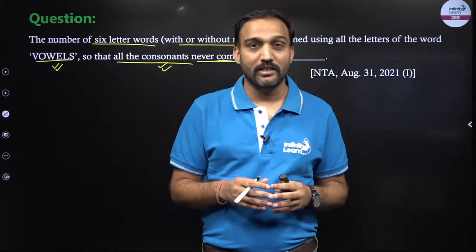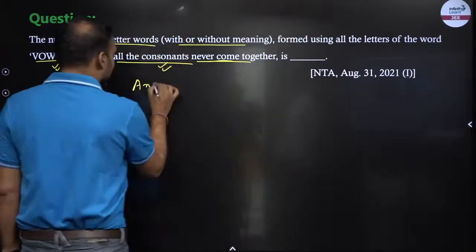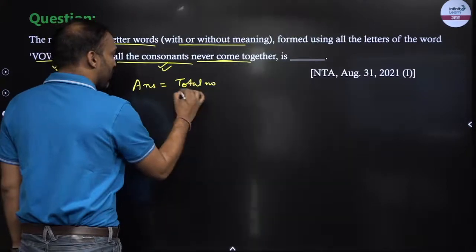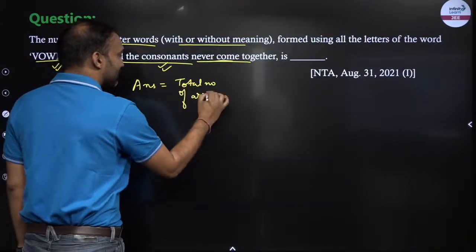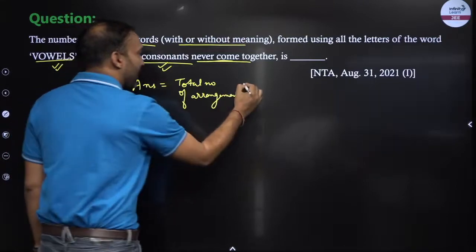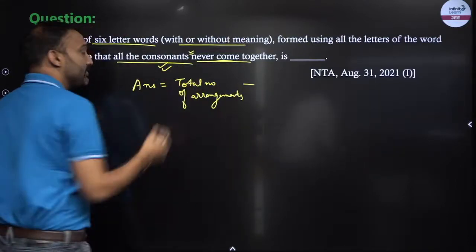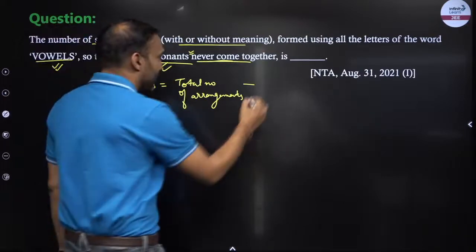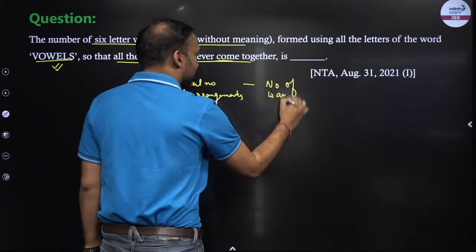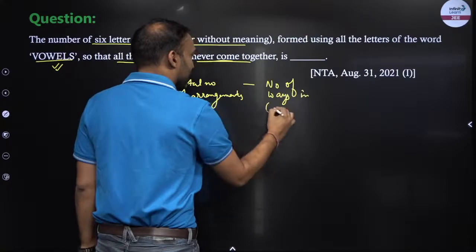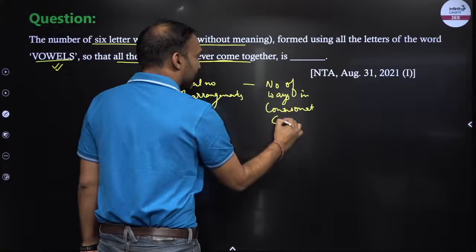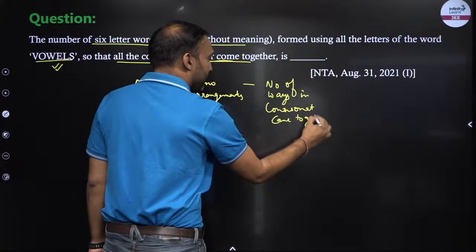So can I use the approach that the answer would be the total number of arrangements, first found, minus those arrangements where the consonants came together? If consonants came together, that means all of them should be joined together.